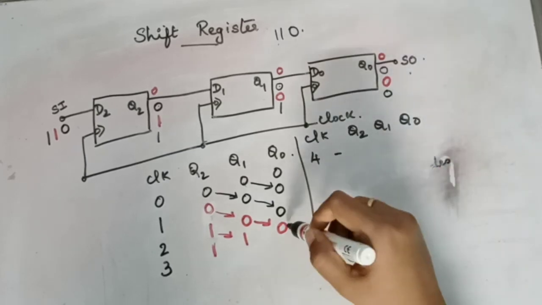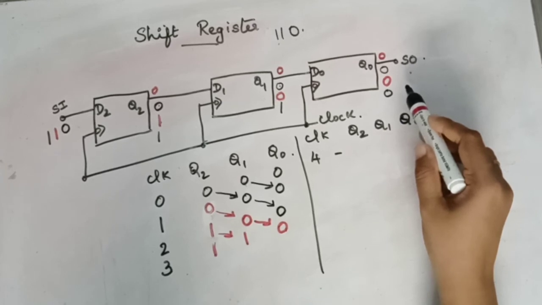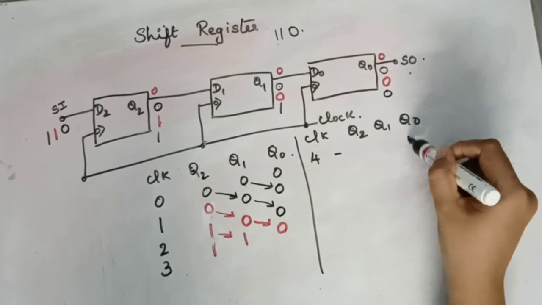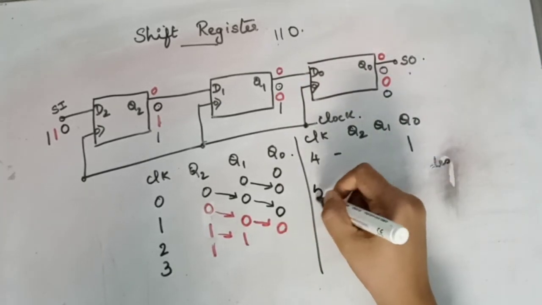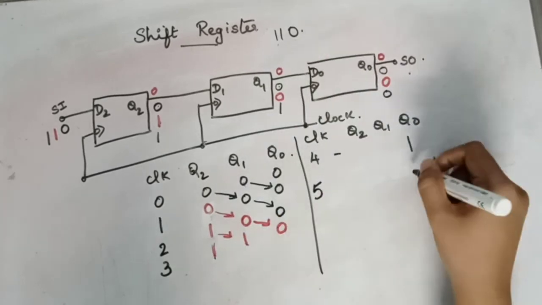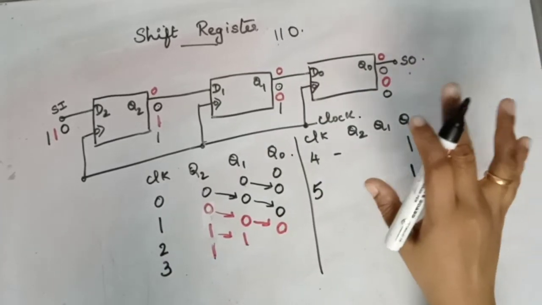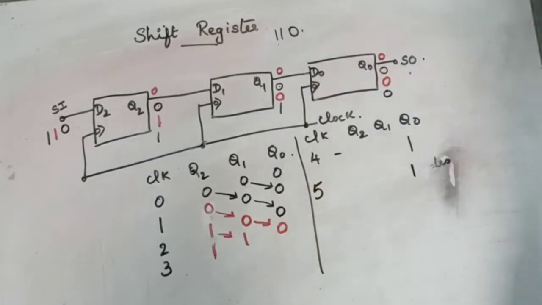Okay, so I've already got this 0 at the end of the third clock pulse. Fourth clock pulse means Q0 gets what? This one. At the end of the fifth clock pulse, what happens? This one will come here. So I need 5 clock pulses to get or read or serially output all the data.